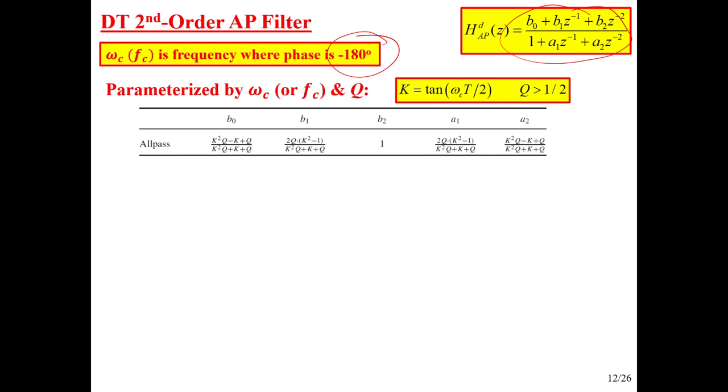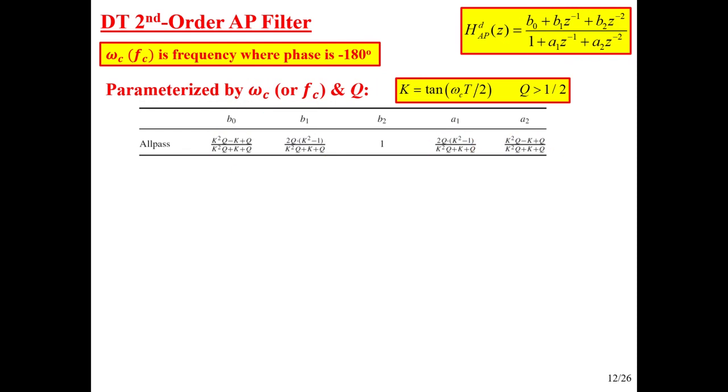But if we look at this parameterized by omega c, or equivalently fc and q, we can see that the omega c gives the k, and then we see that all of these coefficients end up having both k and q in them in a fairly complicated way. Now, in many applications, that's not a big deal.